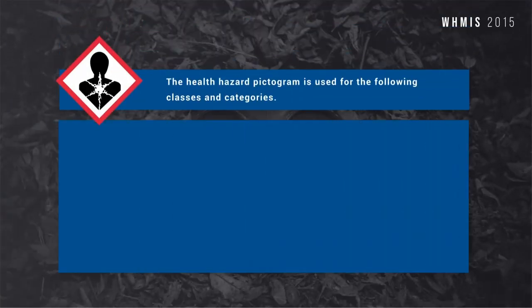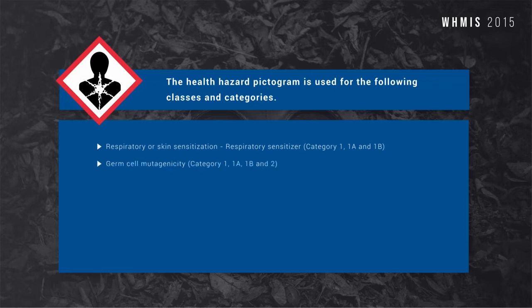The health hazard pictogram is also new and is used for hazardous products with specific health hazards that have a higher severity: respiratory or skin sensitization, respiratory sensitizer, Category 1, 1A, and 1B. Germ cell mutagenicity, Category 1, 1A, 1B, and 2.